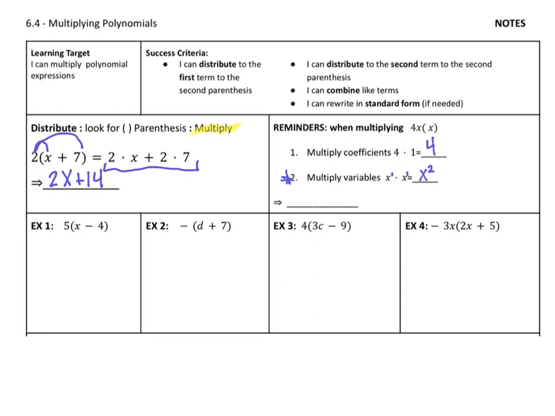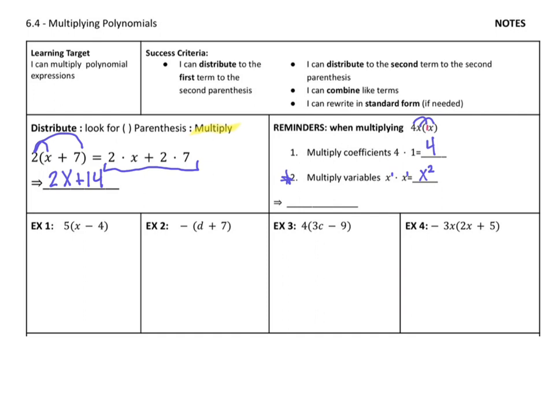So this example, 4x times x, we multiply coefficients together and think of that imaginary 1 right inside there. That's why we had 4 times 1. And then think x times x. Let's keep that in purple. So when multiplying, you multiply coefficients times each other and variables times each other, just like we just did with exponent rules.